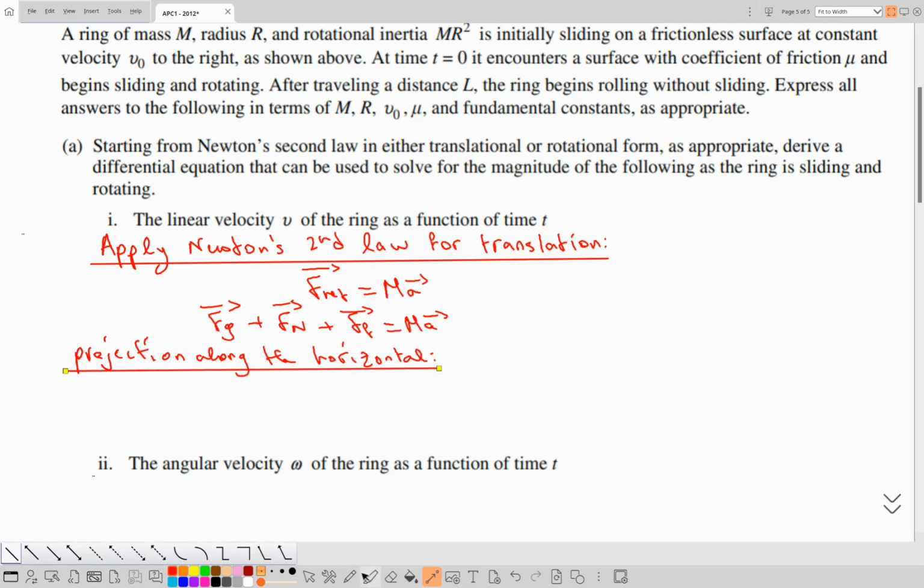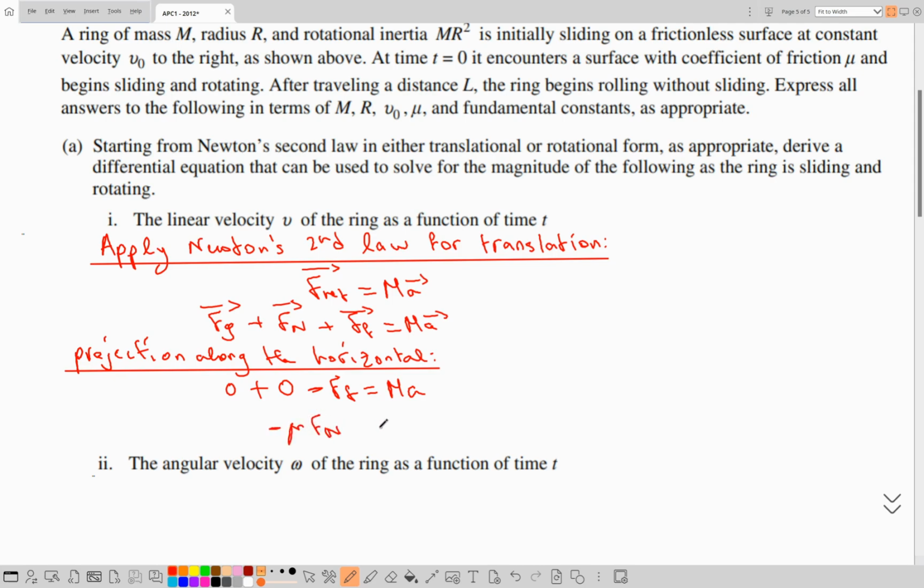Along the horizontal, we have 0 plus 0, and friction would be minus Ff equals MA, that is minus mu Fn equals MA, and the normal push in this case is balanced by the pull of gravity. Then minus mu mg equals MA, M cancels with M, so a is equal to minus mu g.